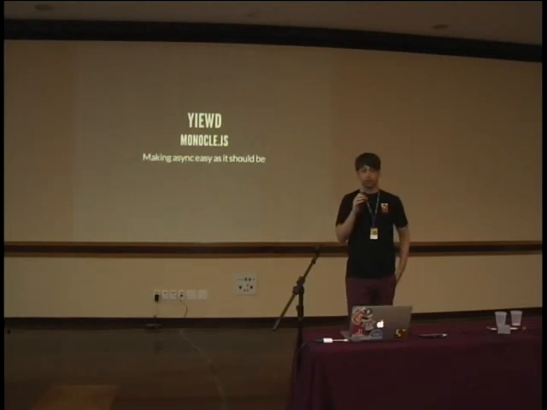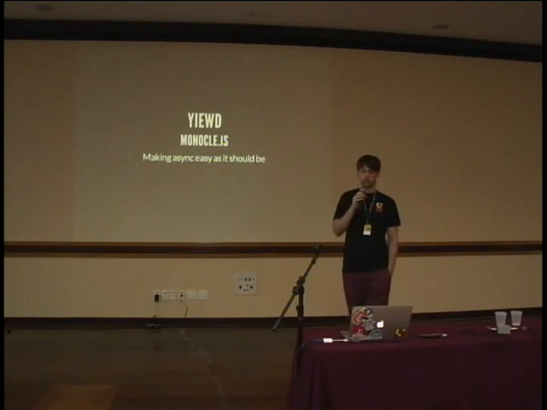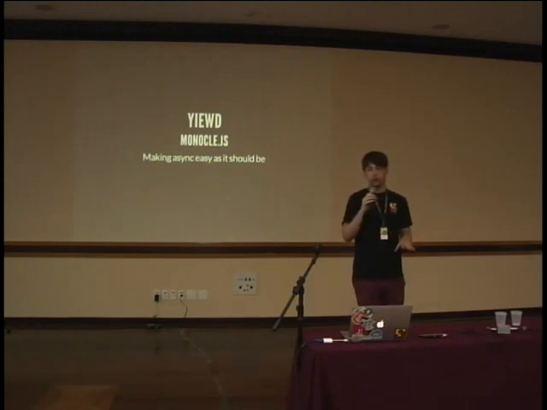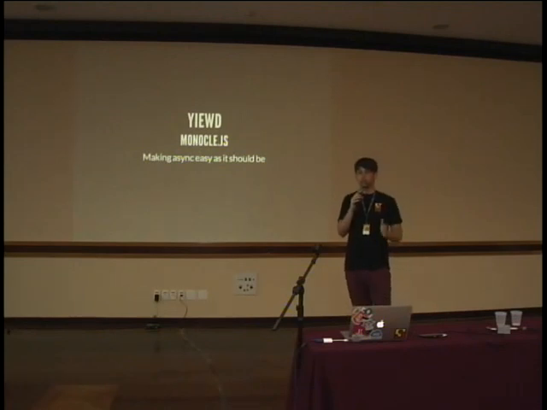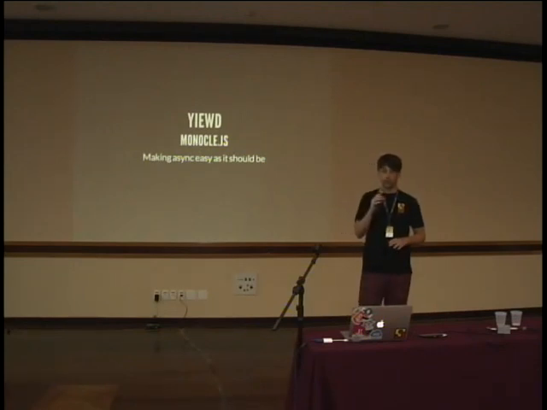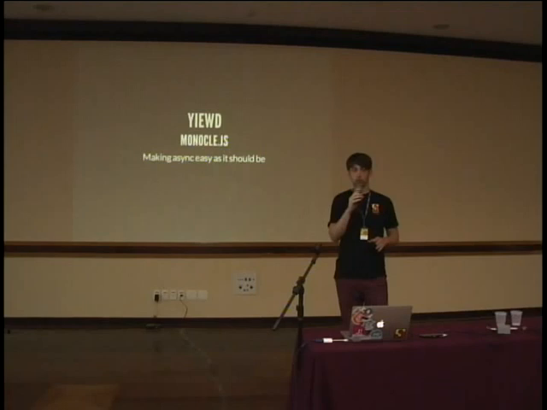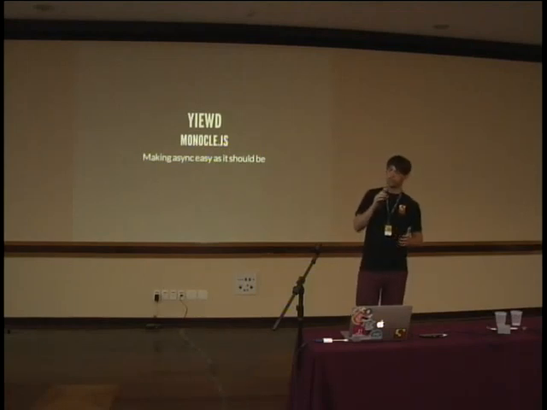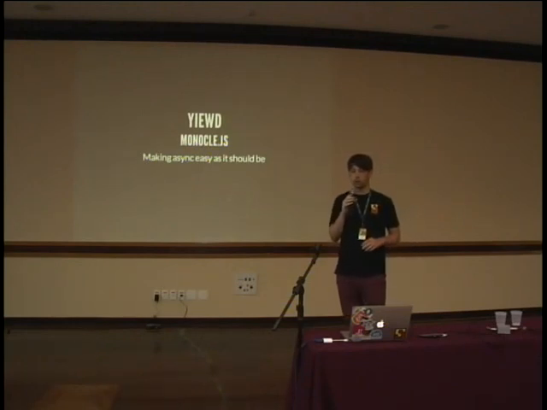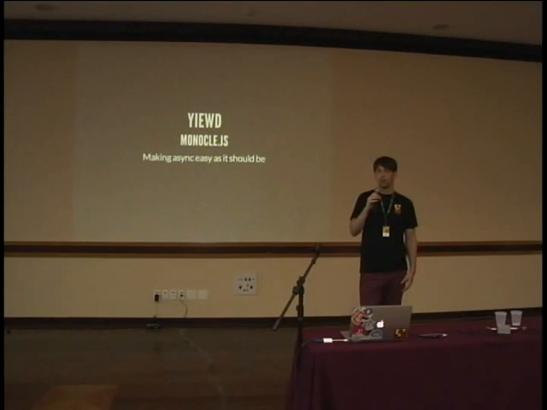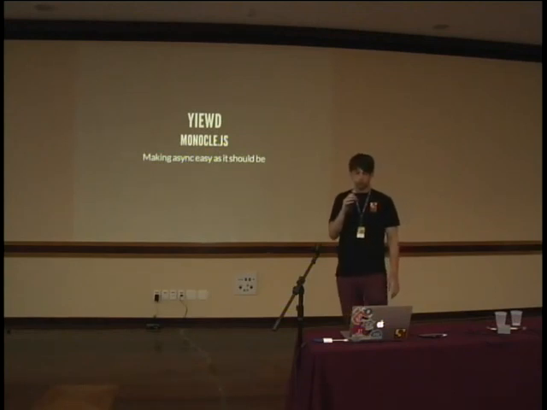We created something called UD, which is a wrapper around the WD.js library, which is the WebDriver JavaScript library, and it is using something called monocle.js. Monocle is a JavaScript port of the Python library, also called Monocle, which lets you write async code using generators.